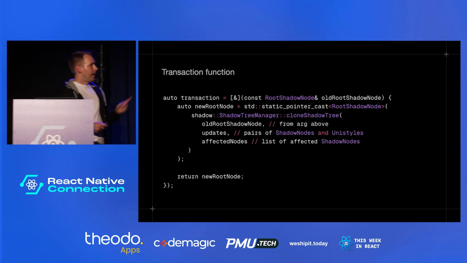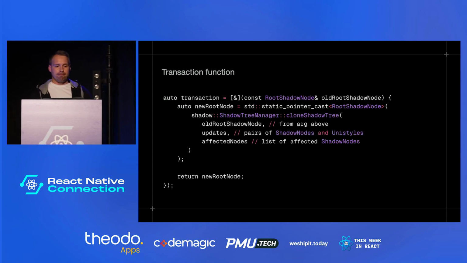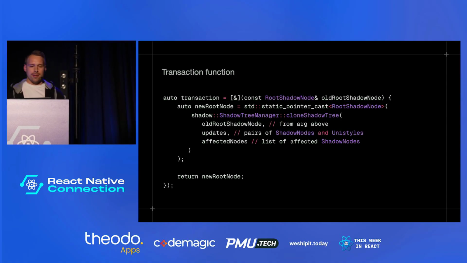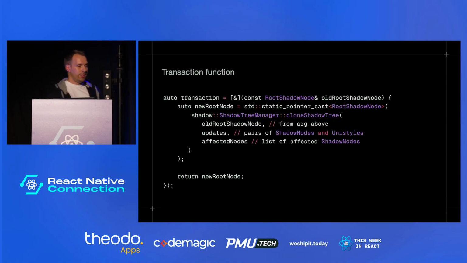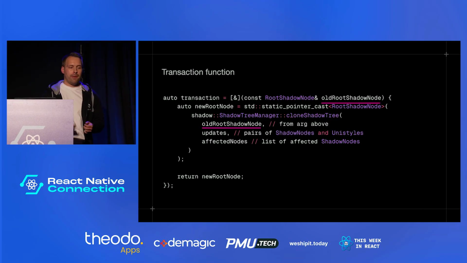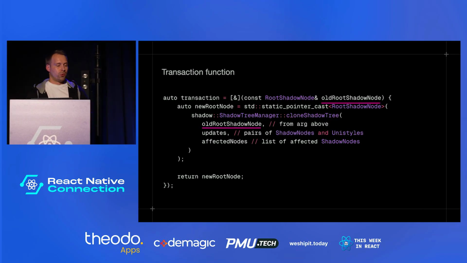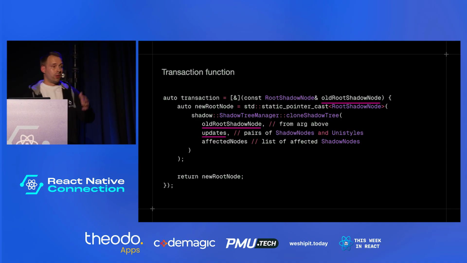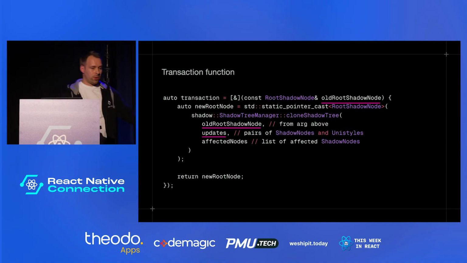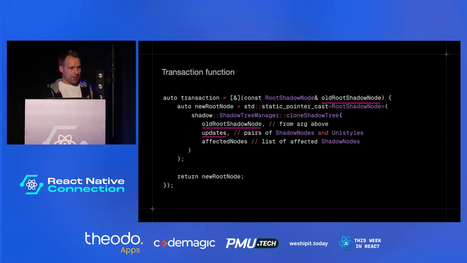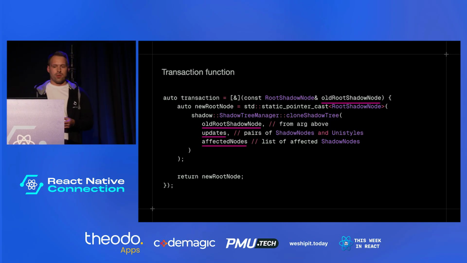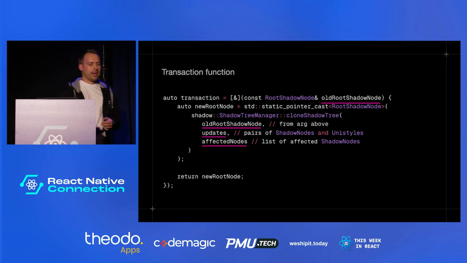And Unistyles exposes shadow tree manager. This is like a helper from Unistyles to clone shadow tree, and it accepts 3 arguments. The first one is old root shadow node. The second argument is pairs of your refs of your shadow nodes and Unistyles attached to them. And we need to also pass affected nodes, so we will know which nodes are affected.